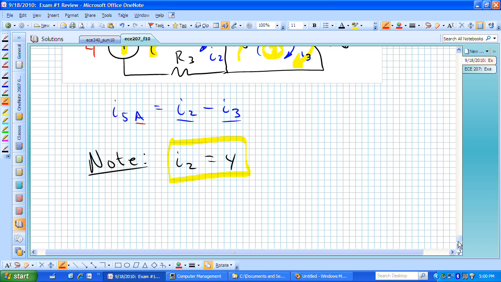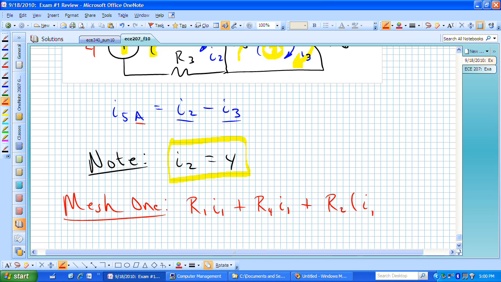And that's going to be then R sub 1 times I1 plus R sub 4 I1 plus R sub 2, and that horizontal resistor has two of the mesh currents associated with it.